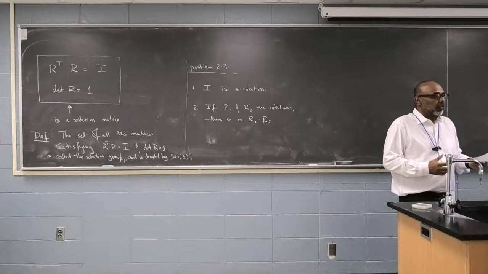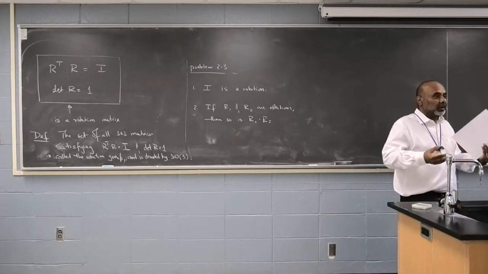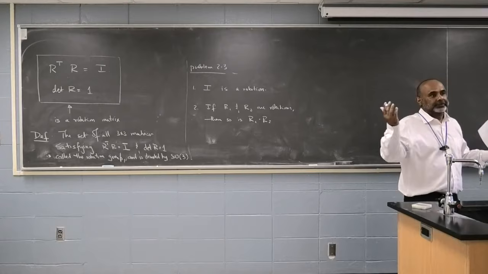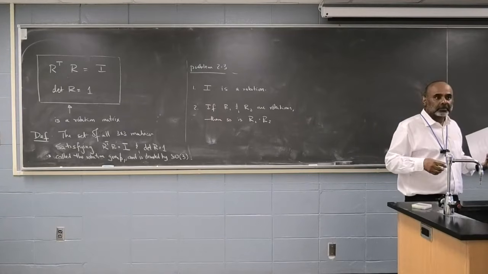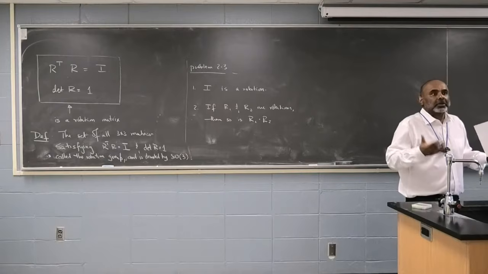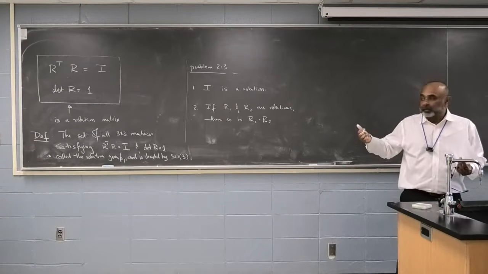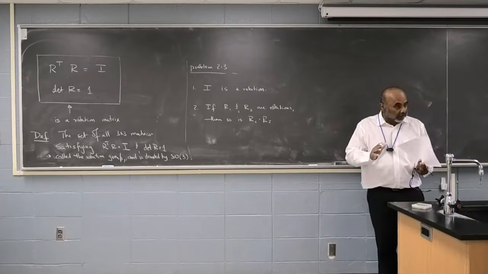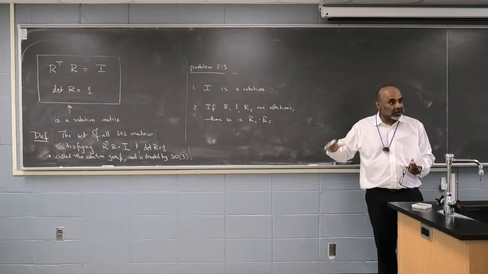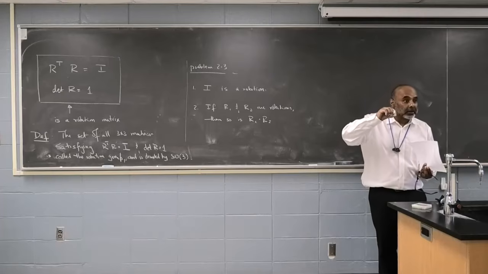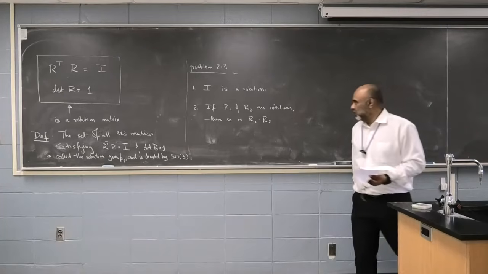When you multiply numbers, you cannot all of a sudden get something else. You cannot get a column. Number times number is a number. So matrix times matrix better be a matrix. Well, it's a matrix, but a rotation matrix times a rotation matrix should be a rotation matrix.